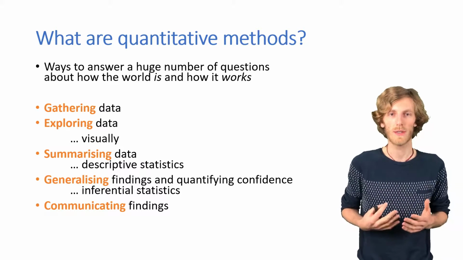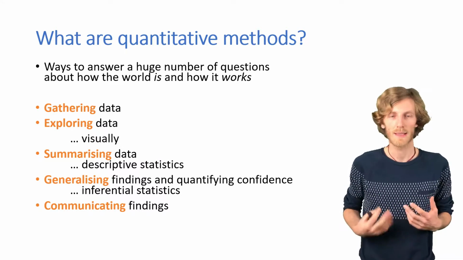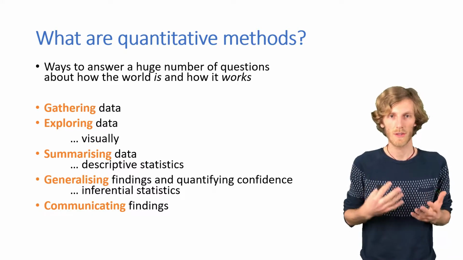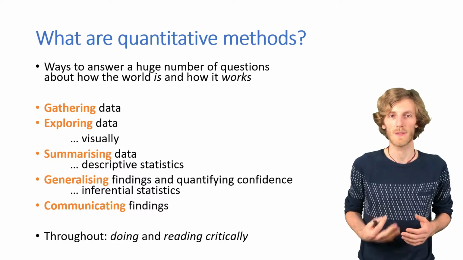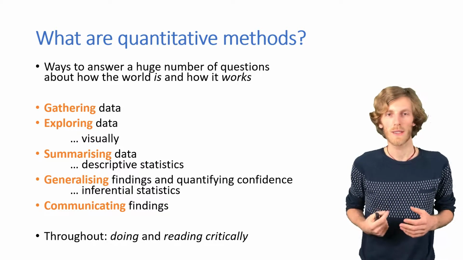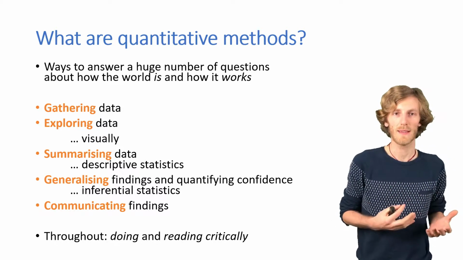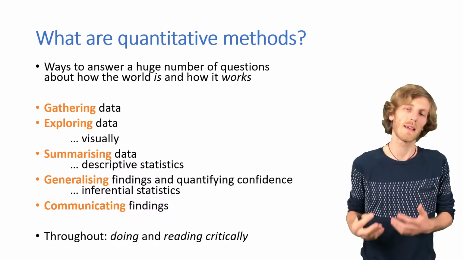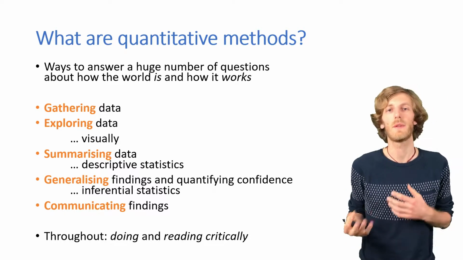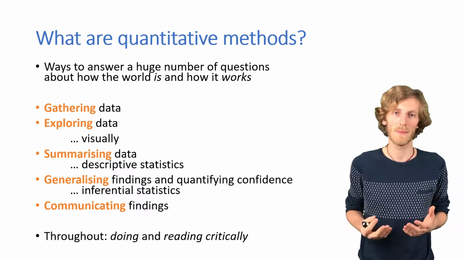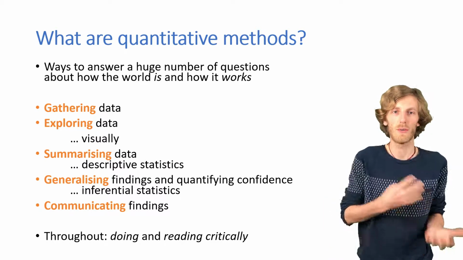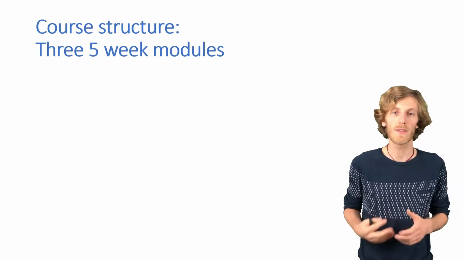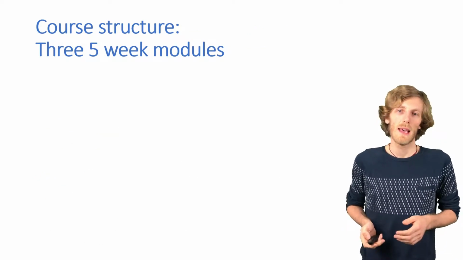We'll not spend a huge amount of time on that in this course, but we'll start thinking about how to actually use graphics and words to communicate the findings of quantitative research effectively. And throughout, we want to balance doing these things and being able to critique scientific literature that we read and maybe all the things encountered in the media. And just being able to do one is almost a precondition for being able to do the other.